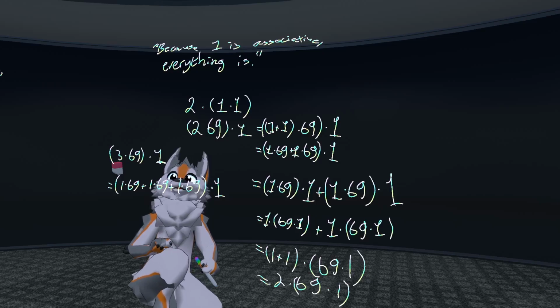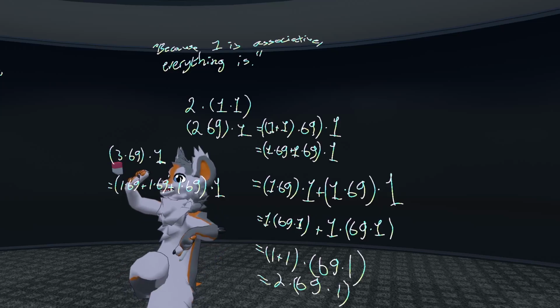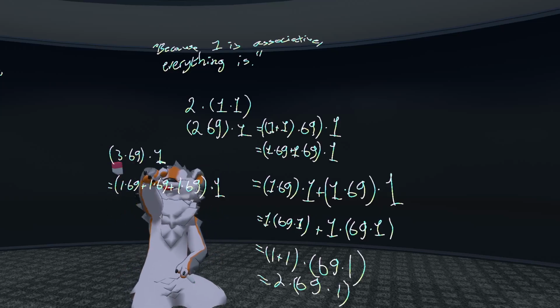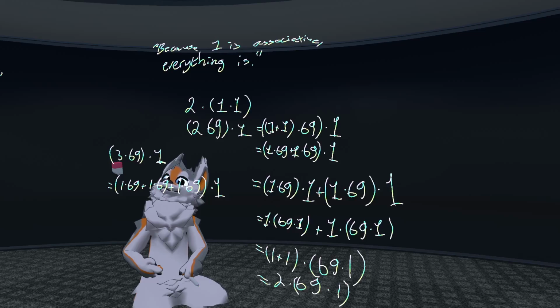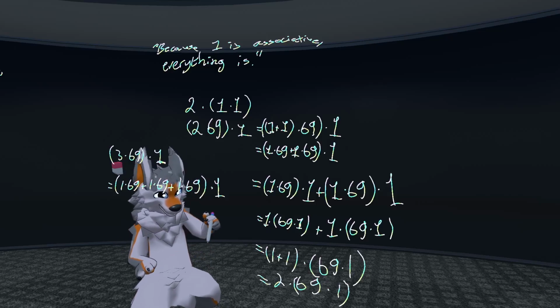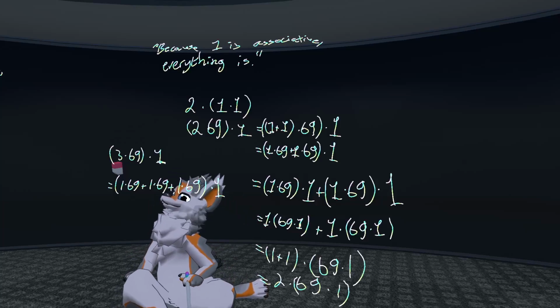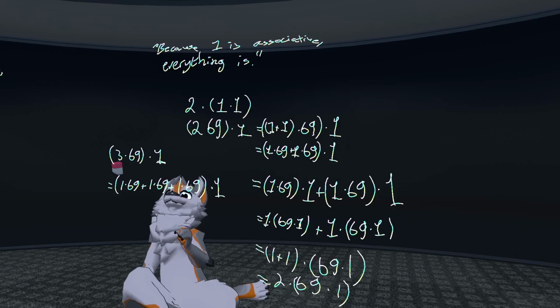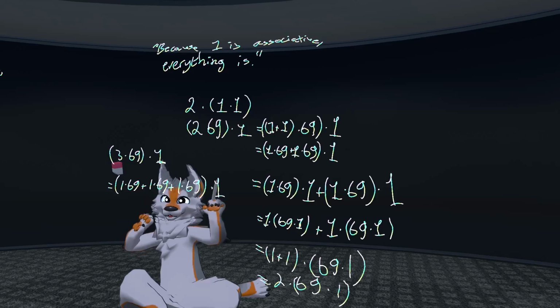Honestly, because of the way the 1 works, maybe you can get rid of this 1 here. Anyway, I think you need to do it this way. Eventually, after we're done, you would start increasing this one as well.